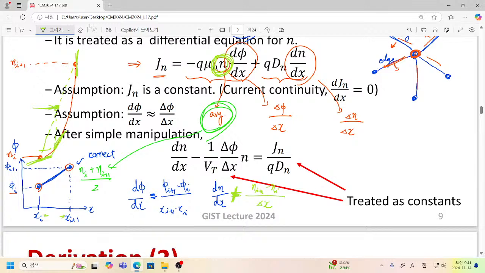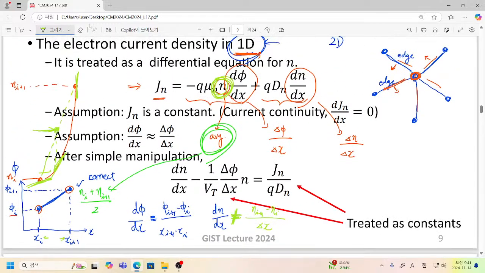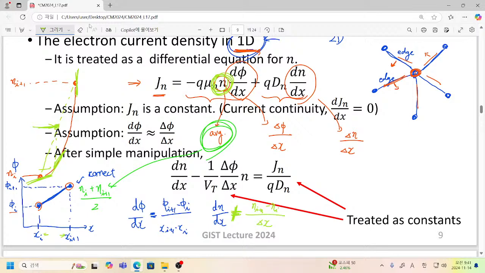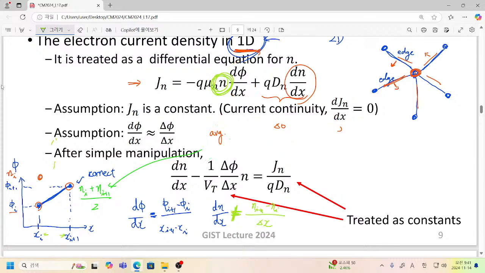So simply speaking, now you understand that individually considering each term makes some problems. So the Scharfetter-Gummel scheme makes quite a neat solution to this problem. Here, instead of assuming a form of electron density inside this edge or segment, the key idea is that the current density should be a constant.